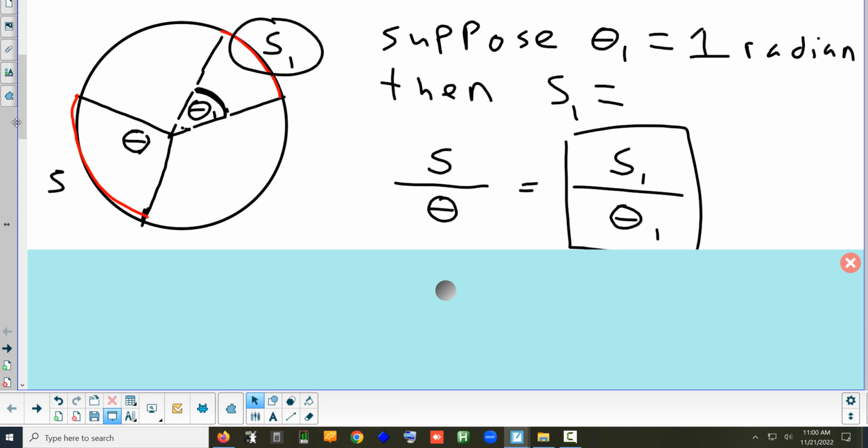Does anybody remember? If this angle is 1 radian, then this arc is exactly as long as something else, as the radius. And that's the fact that we can use. That's going to be like my 1 foot, 12 inches. There's my true fact. If you have an angle of 1 radian, it automatically makes the arc equal to the radius. And you will know the radius in the problem. So that'll be a number.